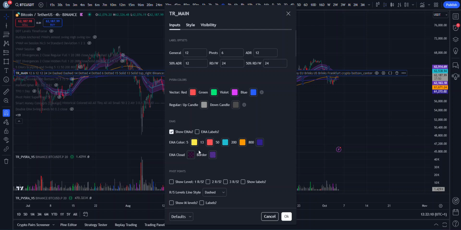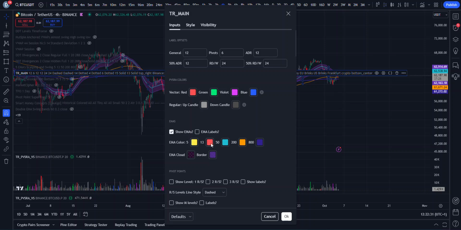So with the vector strategies and the hybrid system that Tino teaches, there are 5 key EMAs as well as the EMA cloud. The 5 EMAs come up in the TR main.